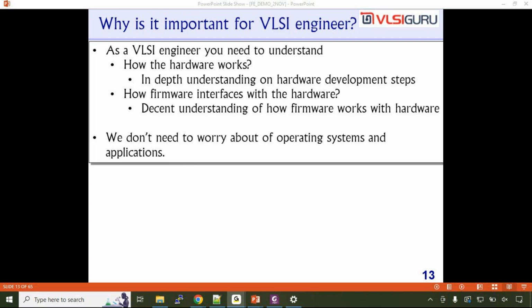At the end, anything you develop finally gets converted to assembly level because the processor only understands assembly instructions. Even when I gave you the example of changing the mobile display time from 30 seconds to 60 seconds, assembly instructions are involved because finally all that work has to be done by the processor.